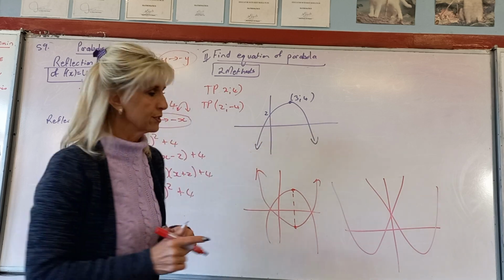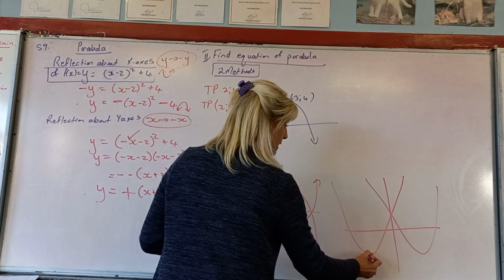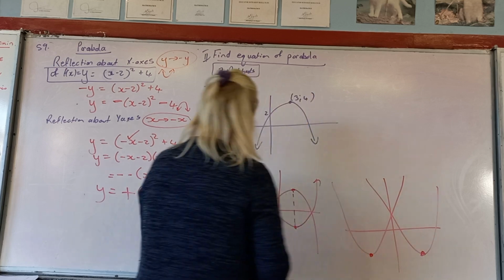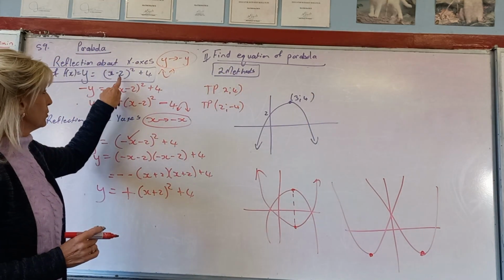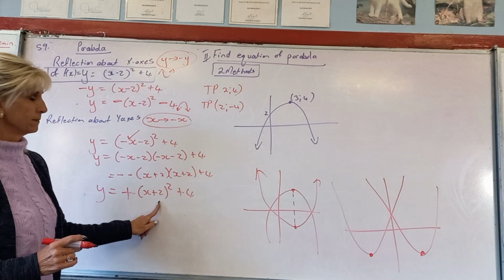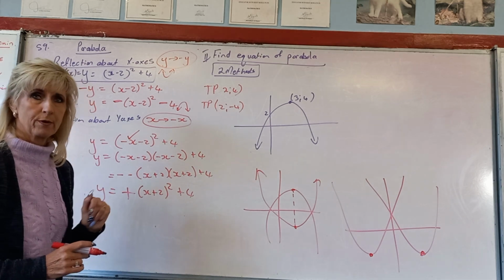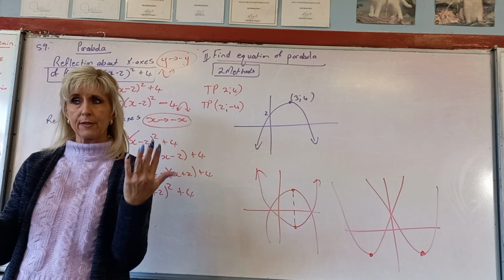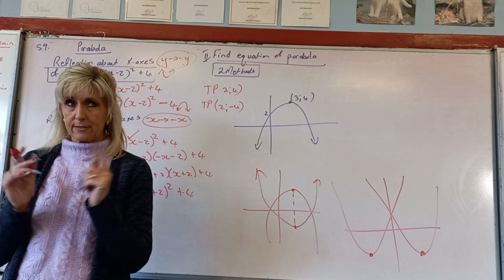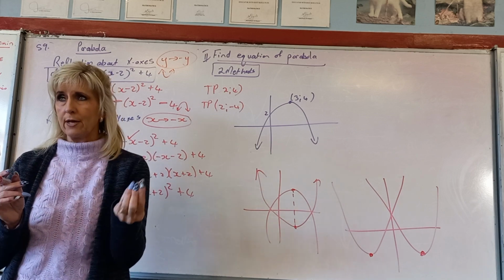What's the change? The turning point will be, instead of 2 and 4, negative 2, and still 4, because it's just reflected about the y-axis. So x has changed into a negative.